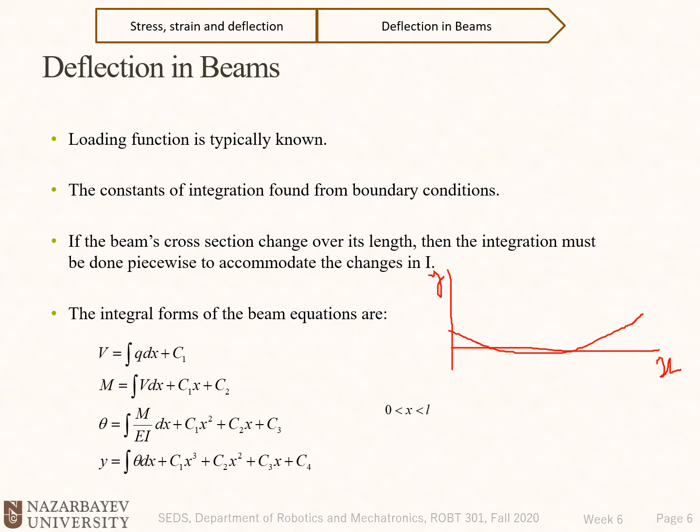X is an independent variable that changes from 0 to L, where L is the length of the beam. Okay, so you see that if we get these integrals and find the constants C1 to C4, then we can have the deflection of the beam, which was the purpose of this specific topic: to find the deflection and the slope of the beam.